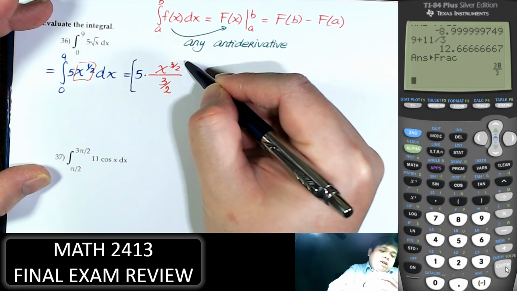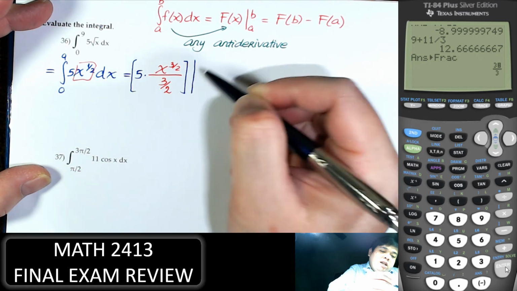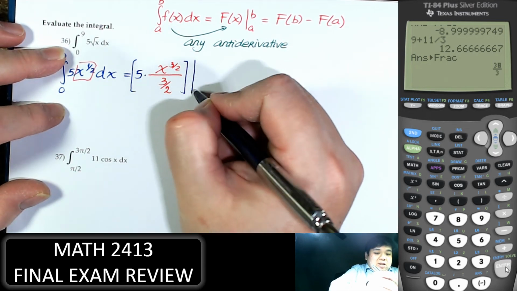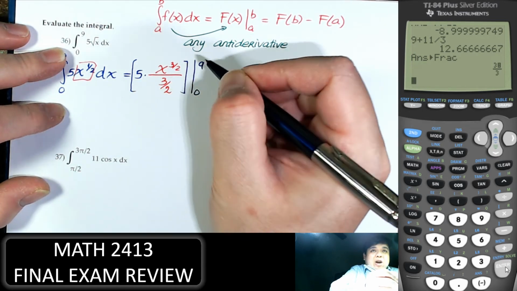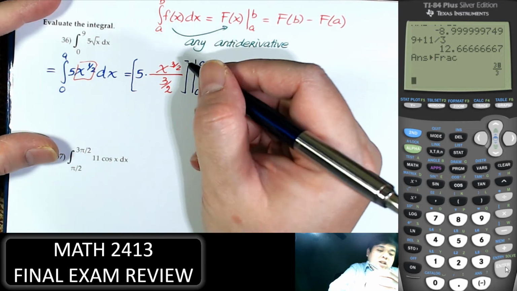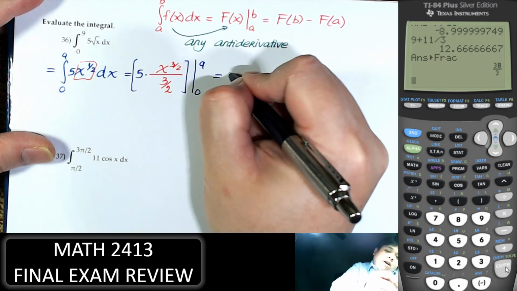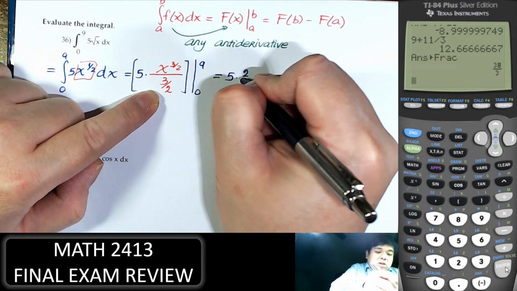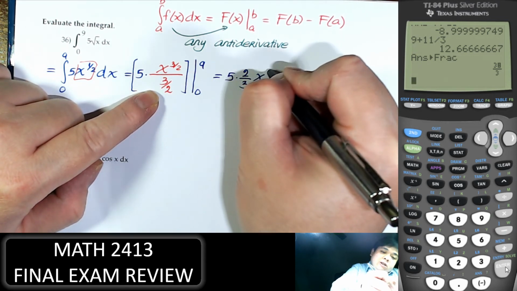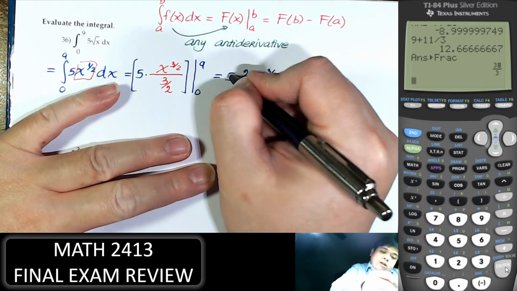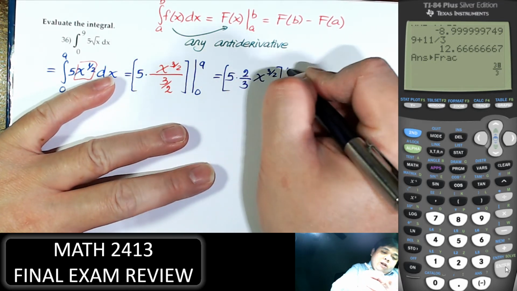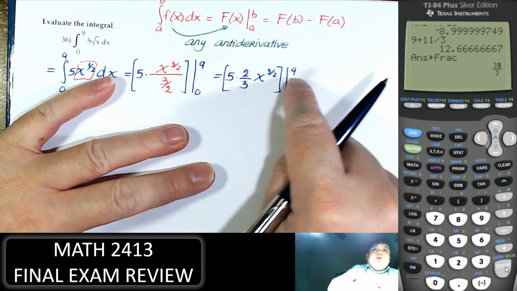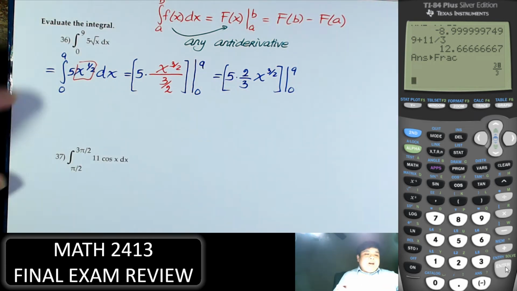Rather than have a constant c, we should have the limits, where we evaluate from 0 and then to 9. Subtract the result. Right, 5. Divide by 3/2 is multiply by the reciprocal. Go from 0 to 9. Now we're just going to put 9 in, put 0 in, and subtract them.